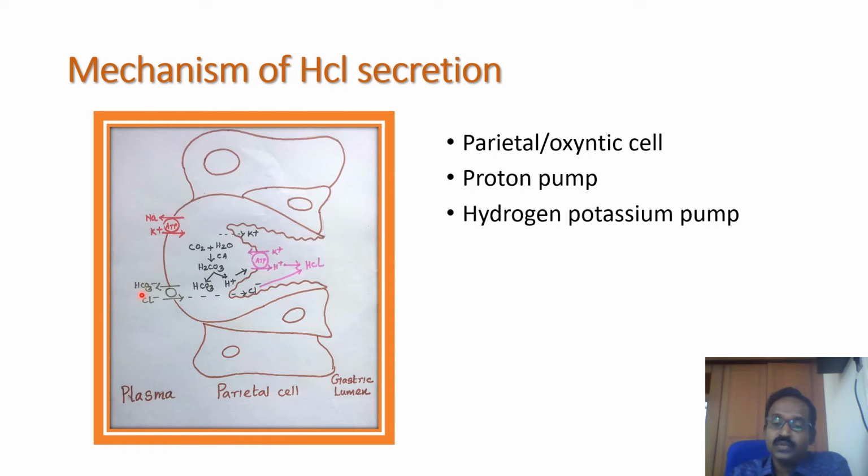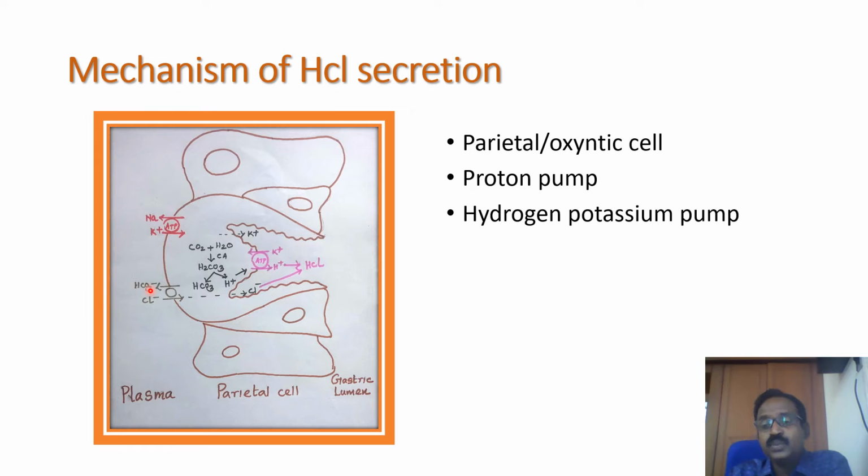So after taking food, a large amount of hydrochloric acid is secreted into the gastric lumen. At the same time, a large amount of bicarbonate ion is present in the plasma due to the exchange through the bicarbonate chloride exchangers. When one hydrogen ion is secreted through the proton pump, one bicarbonate ion enters the interstitial area.